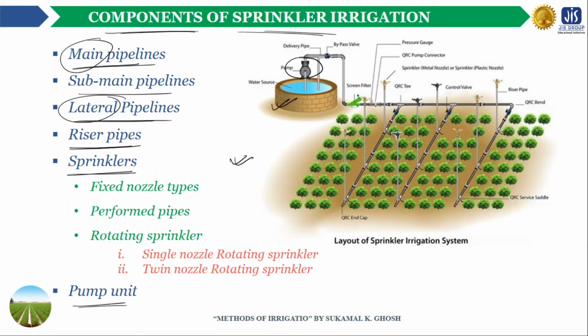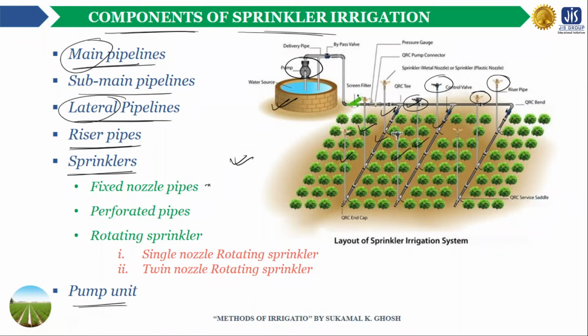These are the main pipes, submain pipes, the laterals, and these are the risers. These vertical pipes are the risers. So the pump supplies the water through the pipes to the sprinklers. You can see here, these are the sprinklers. This sprinkles or sprays the water onto the crops.